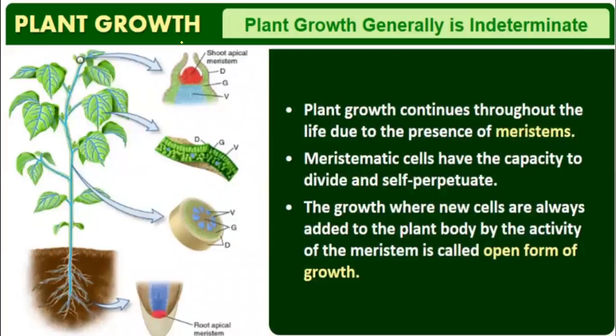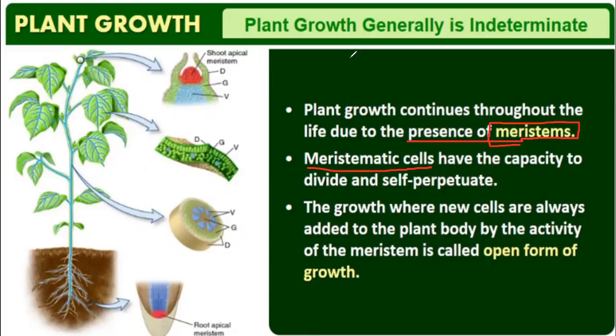This growth of plants is mainly due to the presence of specialized cells called meristem. The plant grows continuously throughout its life due to the presence of meristem. There are two types of cells, meristematic cells and permanent cells.